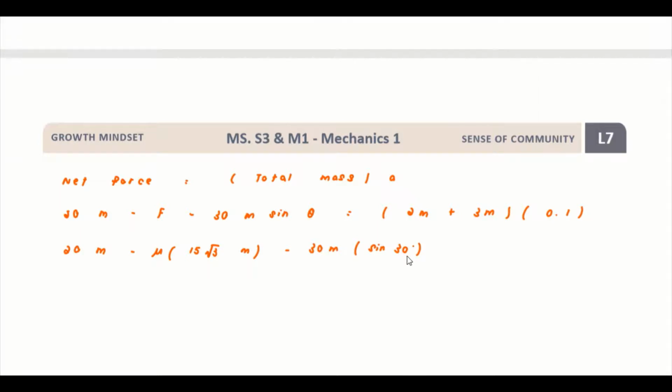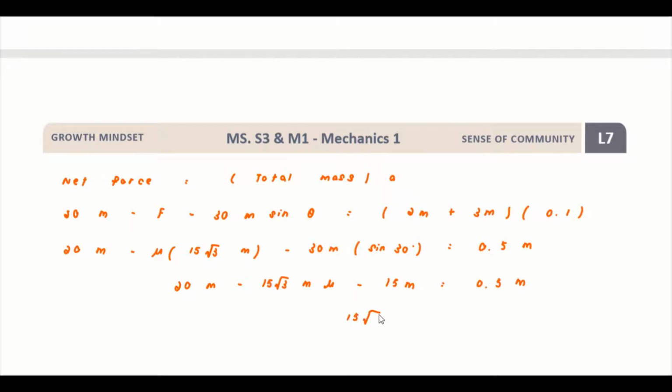Then that is equal to 5m multiplied by 0.1, which gives us 0.5m. Now we can simplify everything here. We have 20m minus 15 square root 3 m mu minus 15m equal to 0.5m. You can see you have m all the way.